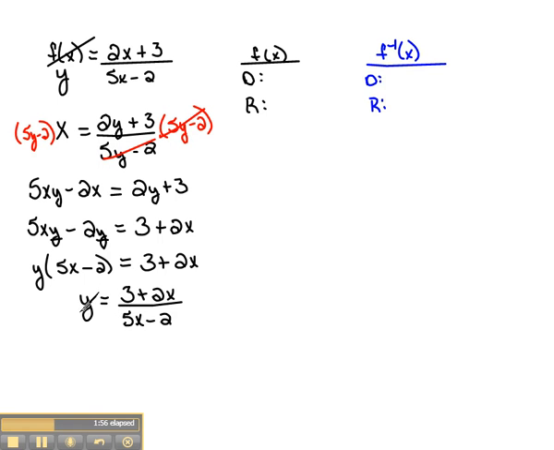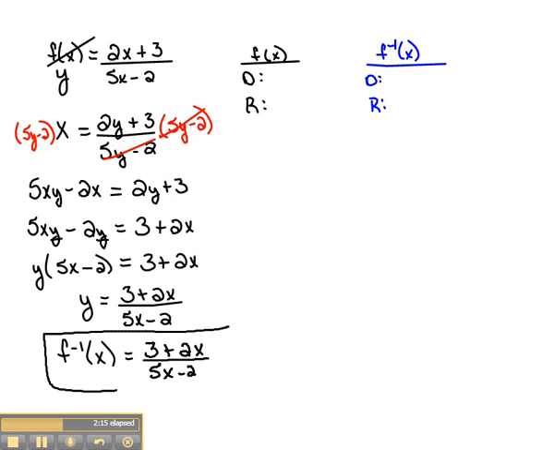Now this is the inverse function, but it really needs to be written properly. For proper notation, we write the inverse function as f to the negative 1 of x equals (3 plus 2x) over (5x minus 2). There's our inverse function.